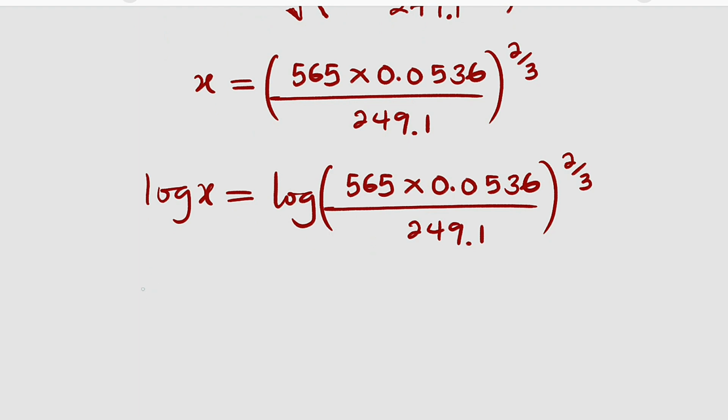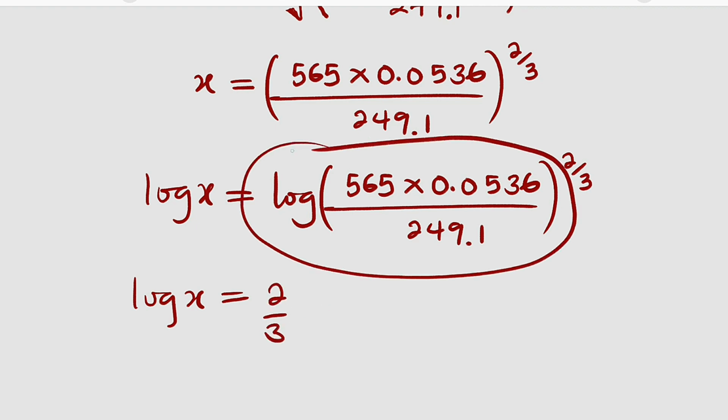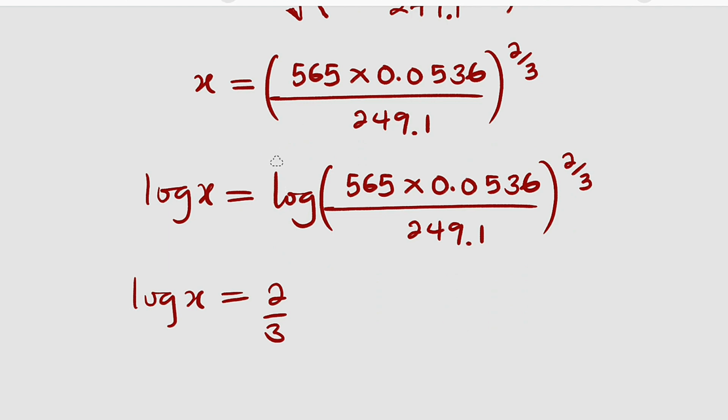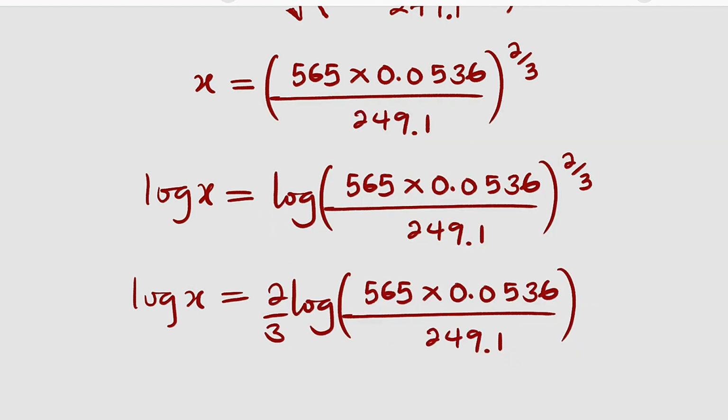So we have log of x equal to 2 divided by 3 multiplied by the log of all of this. And from one of the laws of logarithm, remember, we can write the whole of this as log of this plus, because we have multiplication, plus log of this, because of this division, we minus the log of this.